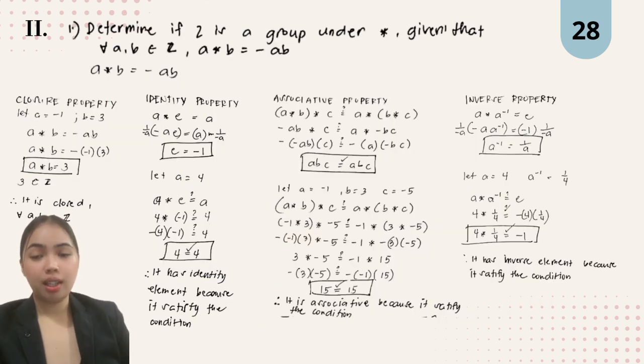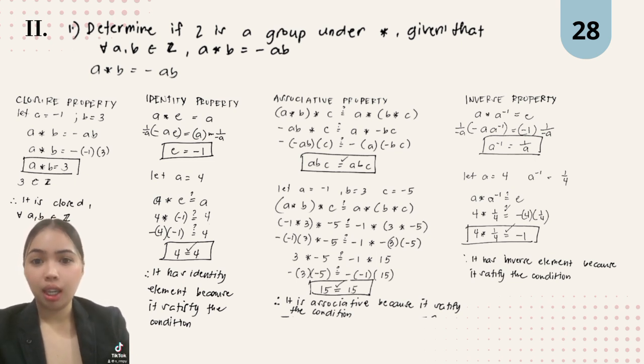So let's proceed to test 2 number 1, which is to determine if Z is a group under star, given that for all A and B an element of Z, A star B is equal to negative AB. As we can see here on the screen, it satisfies all the definitions of a group.